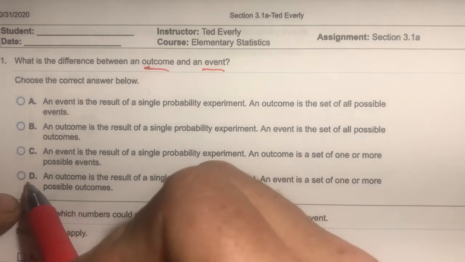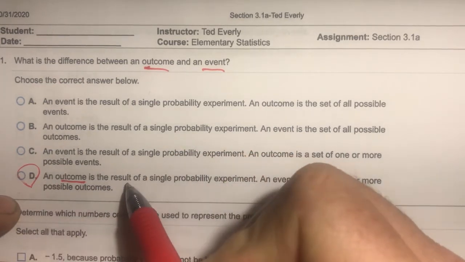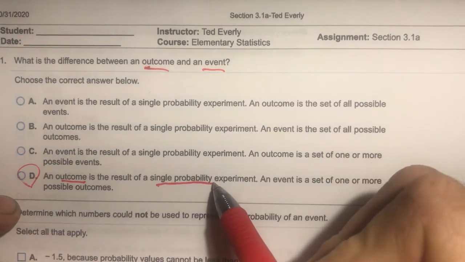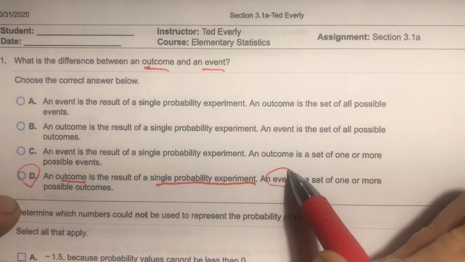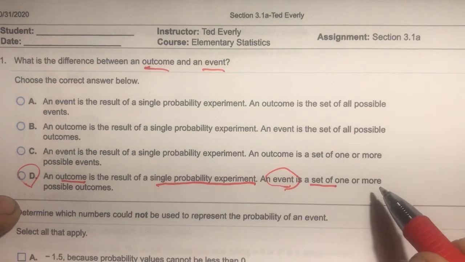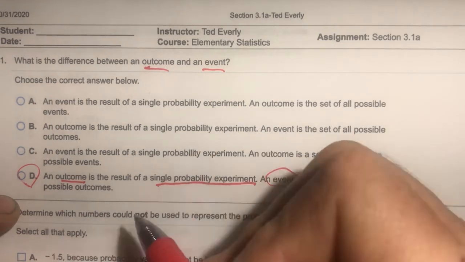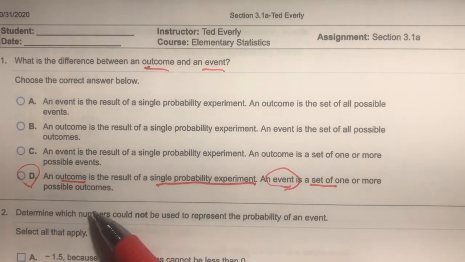Right here. D. Outcome is the result of a single probability experiment. An event is a set of one or more possible outcomes. An outcome is just a single probability experiment. An event is a set of one or more possible outcomes.